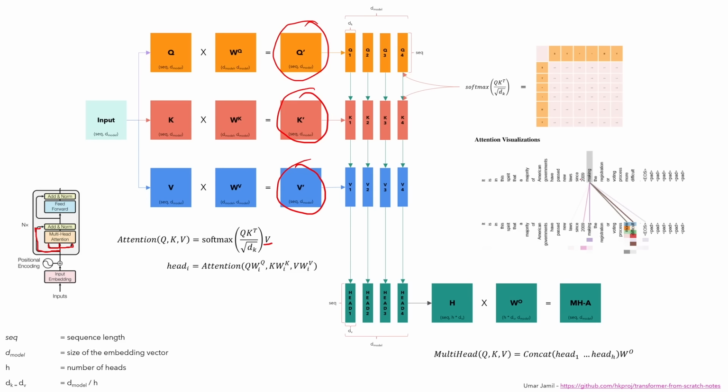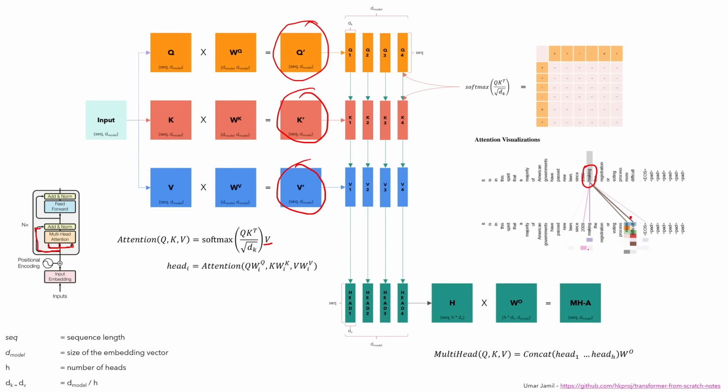So for example, if we concentrate on this word "making", we can see that "making" is related to the word "difficult" by different heads: the blue head, the red head, and the green head. But the violet head is not relating these two words together, so "making" and "difficult" are not related by the violet or the pink head.